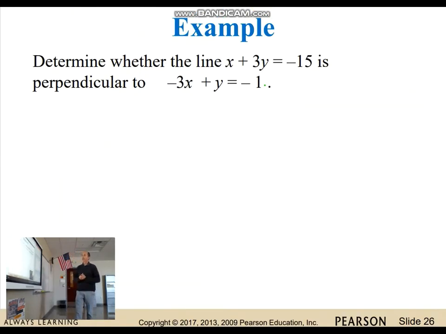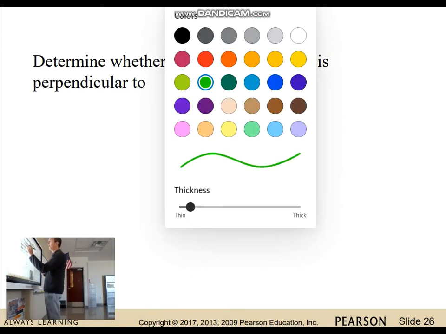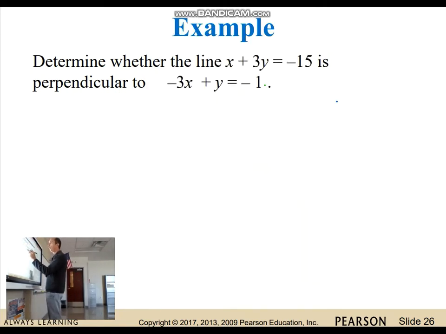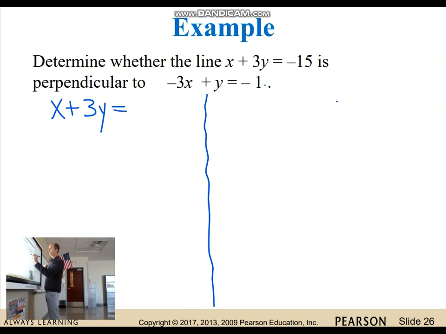Determine whether the line x plus 3y equals negative 15 is perpendicular to negative 3x plus y equals negative 1. Again, let's find the slope of each line. I will write down on this side x plus 3y equals negative 15.